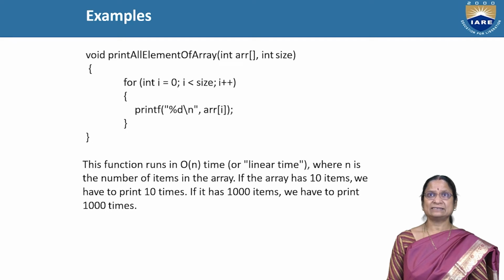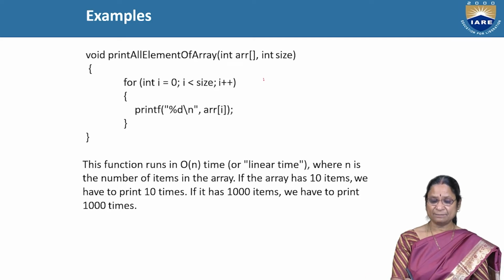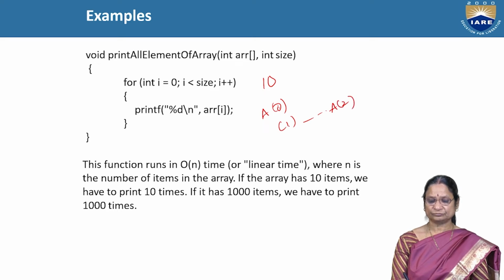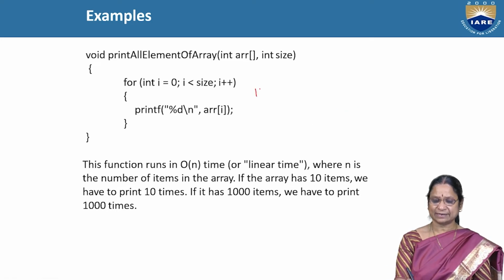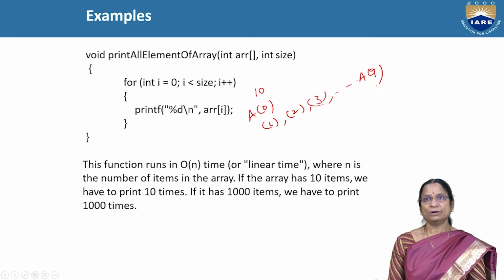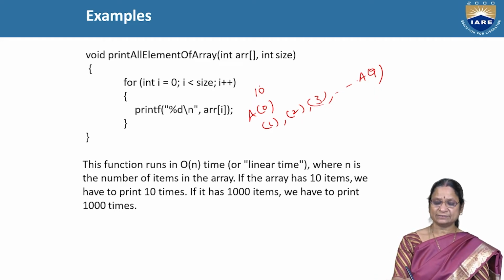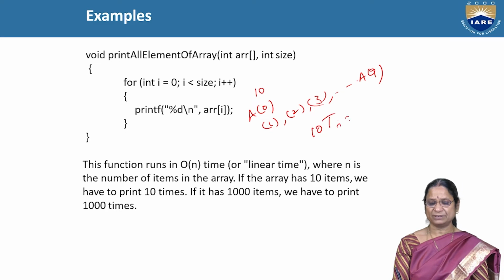Because the first element means only one statement is going to be executed every time. Take another example: print all elements of an array. For example, the array size is 10. Then I have to print a of 0, a of 1, a of 2, 3, etc., up to a of 9, 10 elements. What is the time complexity here? If the array size is 10, 10 times we have to execute the print statement.